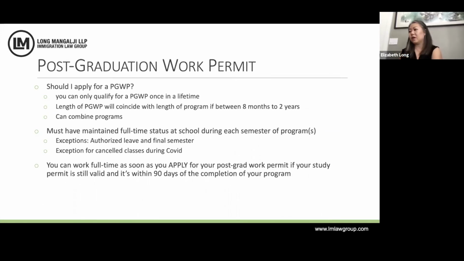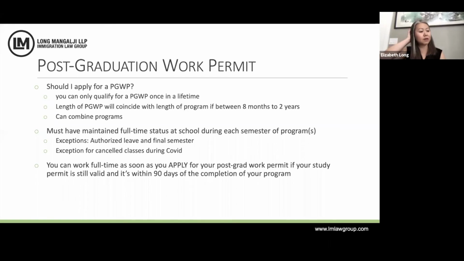Now, the key is also, there's a deadline as to when you should apply for your postgrad work permit. I am going to tell you the timeline right now. In your mind, the deadline should be: before my study permit expires, or 90 days from when I completed my program, whichever comes first, okay?